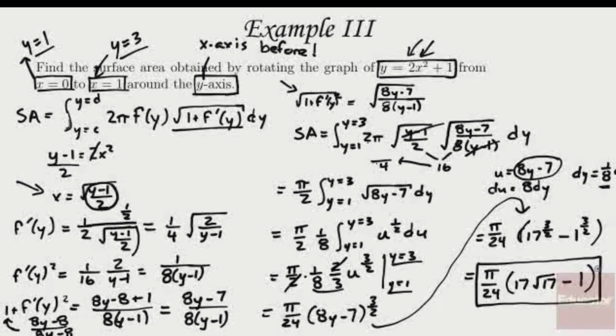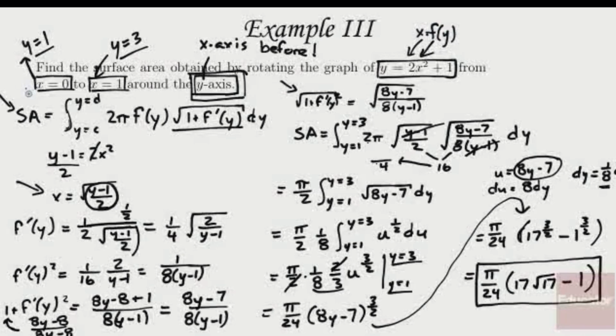So probably what made that problem difficult, besides it being a little bit complicated on the algebraic side, was the fact that we were given the y-axis instead of the x-axis, which means you have to take your original x formula and translate everything into terms of y. And then in turn you have to translate from y as a function of x to x as a function of y.